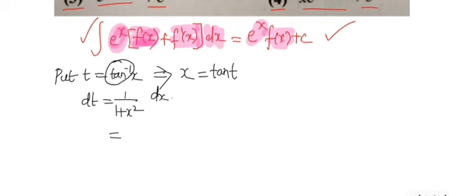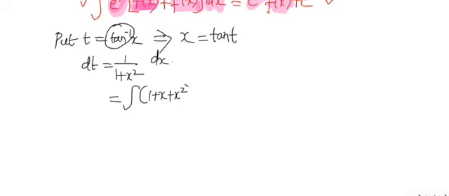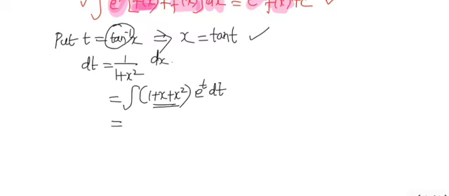Now we'll substitute everything. So that becomes 1 plus x square, along with that e power t dt. Yes, this has to be replaced with our tan t. That only we are going to do now.